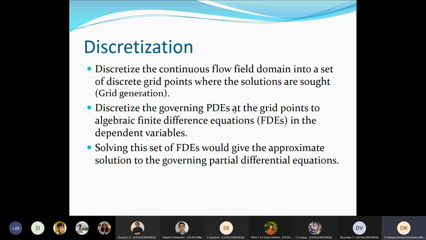You have to convert them to algebraic finite difference equations in the dependent variables, that is u, v, etc. If you solve this set of finite difference equations, you will get an approximate solution to the governing PDE. That is the aim of CFD.